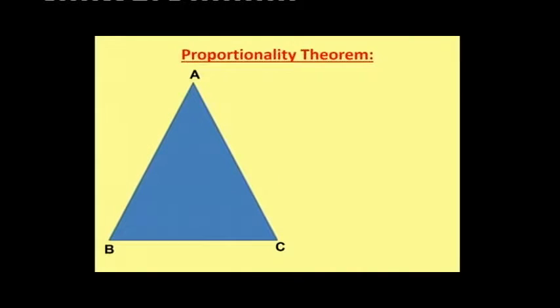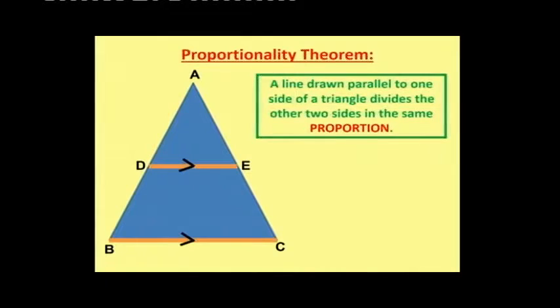Now let's look at your proportionality theorem. What is the theorem and what do you need to know? Can you see something similar there? We have 2 lines parallel, and it says a line drawn parallel to one side of a triangle. DE is parallel to BC.